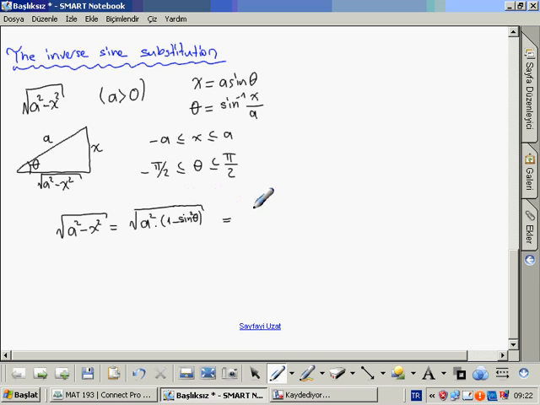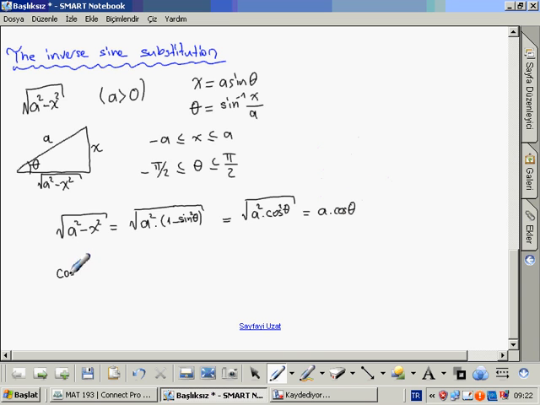Because x equals a sine theta, it equals the square root of a square times cosine square theta, and it equals a times cosine theta.